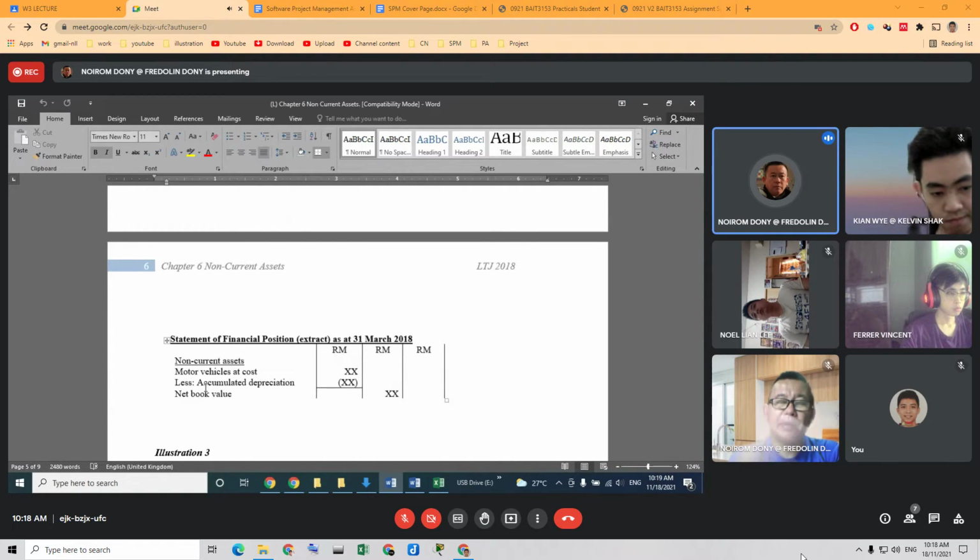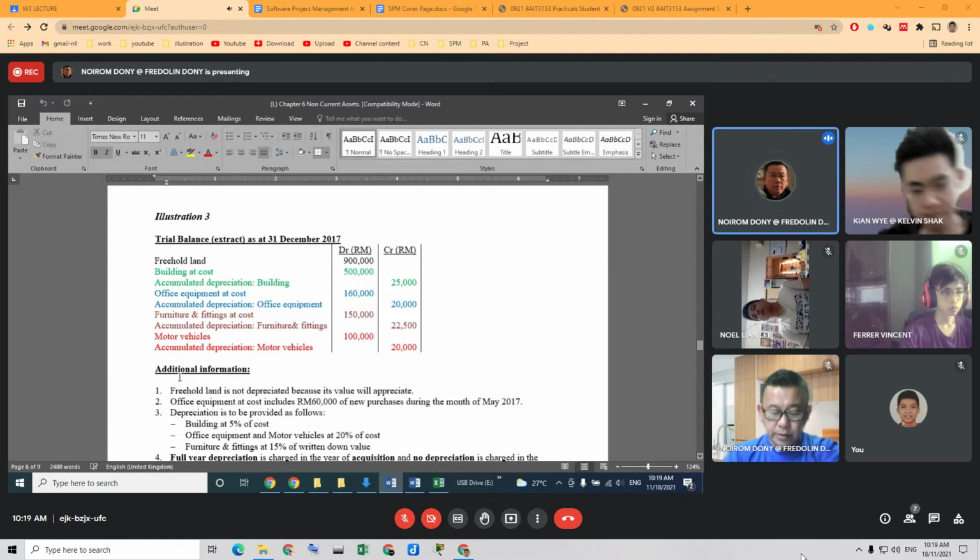So the entry uses the liability concept, as if you have not made the payment yet. By right, it should be presented in the SOFP under liability. But since it is related to the non-current asset, we are required to present it together with the non-current asset, but we change the symbol to less.